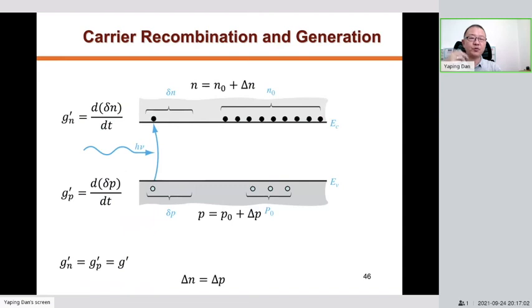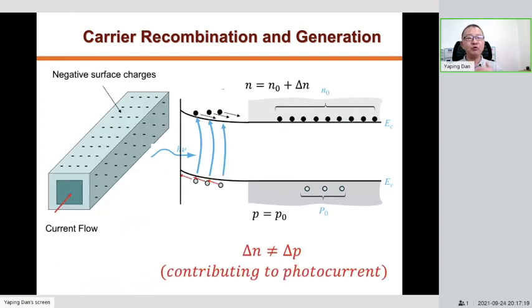One photon absorbed by the semiconductor will create one electron and one hole, right? So that's why we concluded that the excess electrons are equal to the excess holes, delta n equals delta p. But in reality, in particular for nanoscale devices, surfaces are actually dominant.